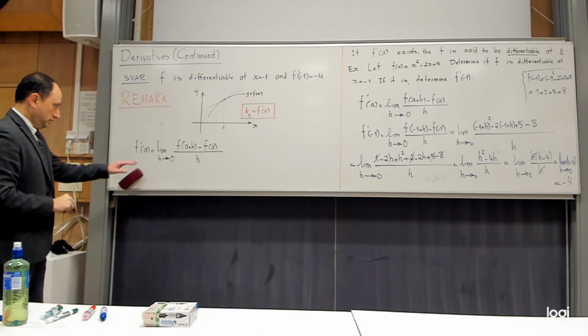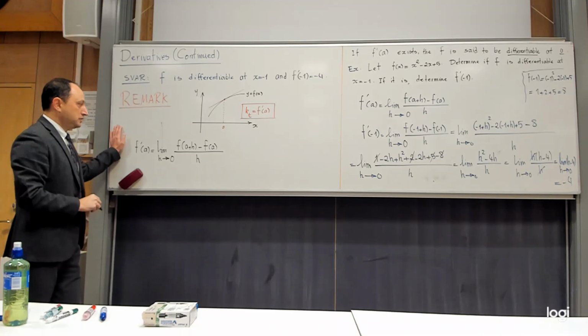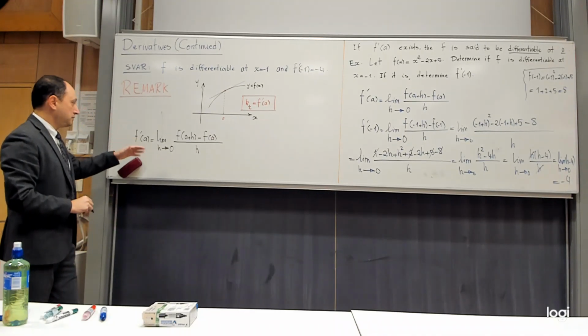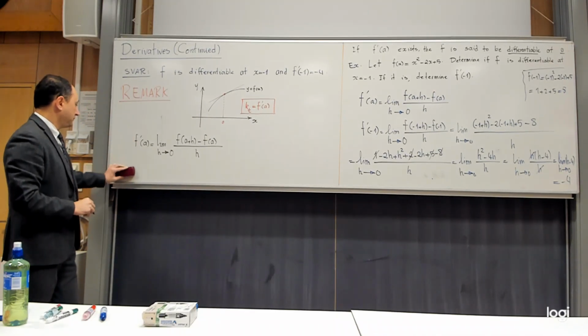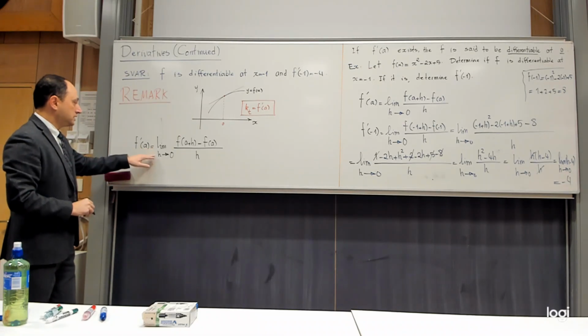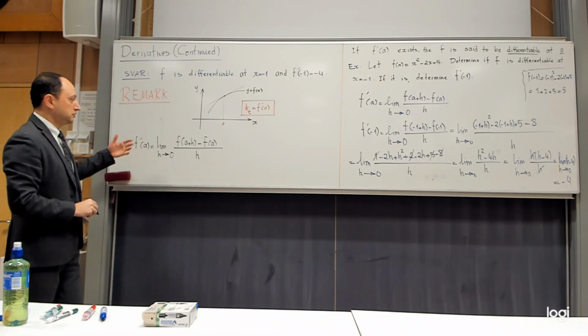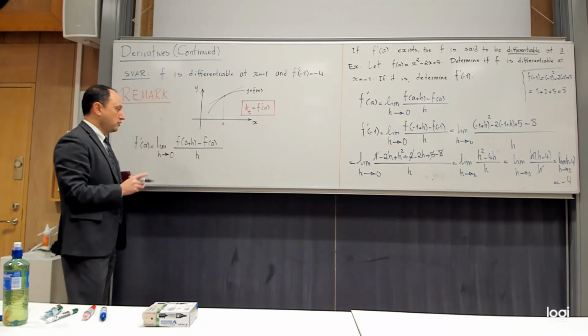I want to rewrite this in a slightly different way. Sometimes in other books you don't see this formula, your starting formula would be something else, but I want you to have both of them.